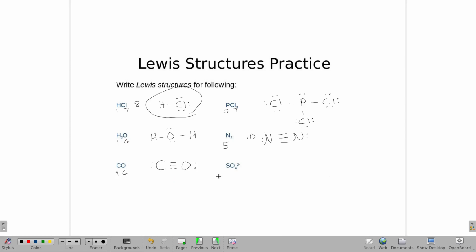Alright, our last one has probably the most electrons, because we got 6 electrons from sulfur, 6 from oxygen, so we got a grand total of 30 valence electrons. Then this -2 means we add 2 more. So this whole thing has 32 valence electrons. Alright, sulfur is in the middle.